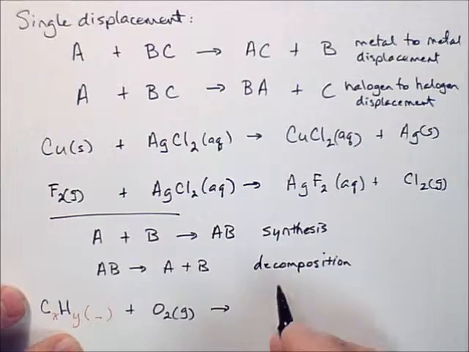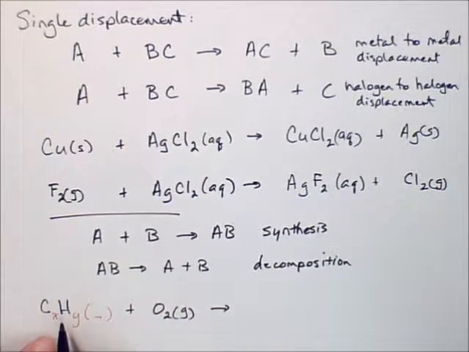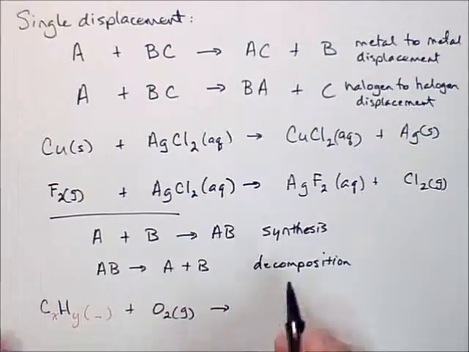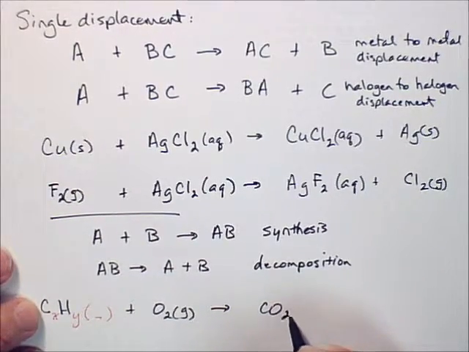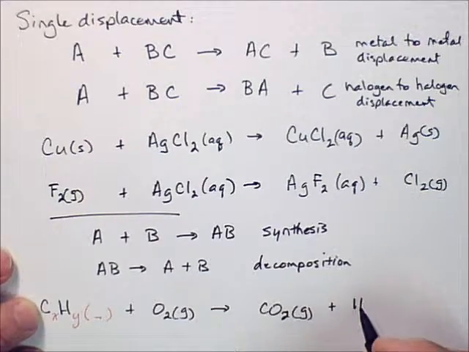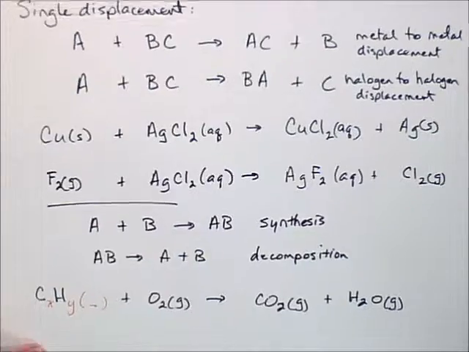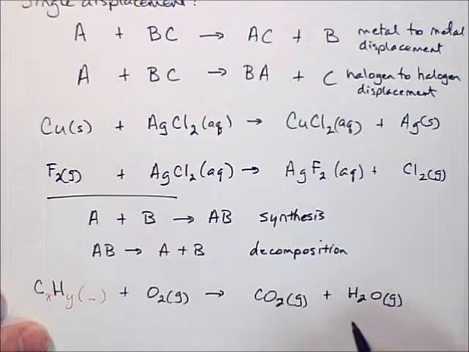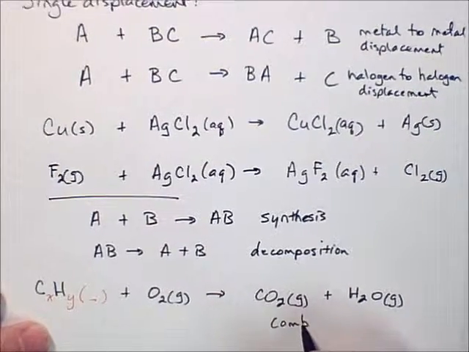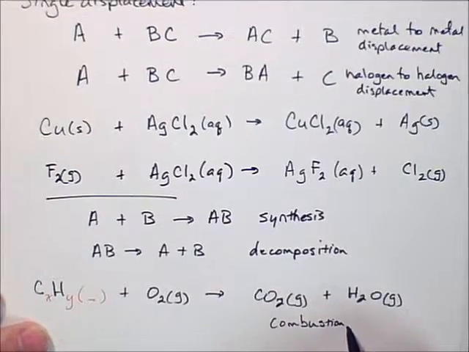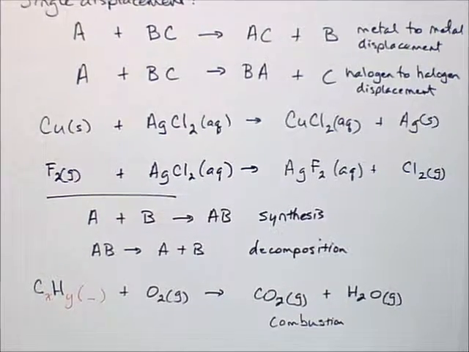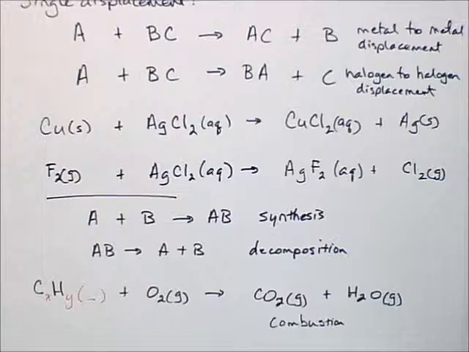And the product of this reaction between some kind of hydrocarbon and oxygen is always CO2, gas, and steam, which is water in gas form. All right, so this is the form of a combustion reaction. Now, the teacher will show you the worksheet for you to classify these equations.